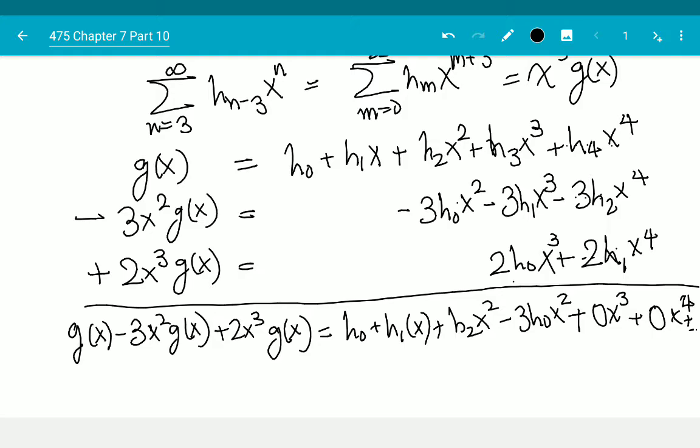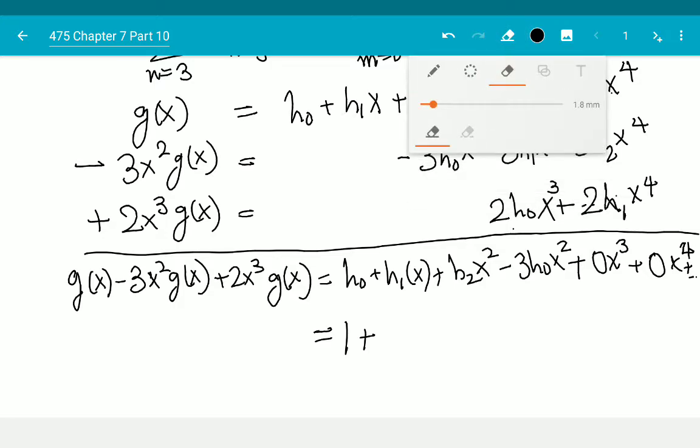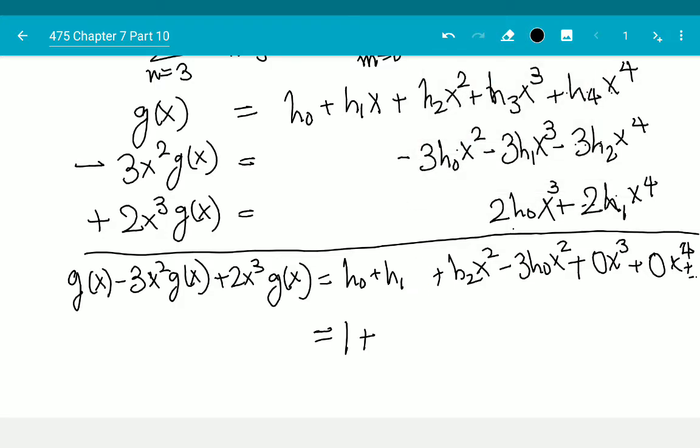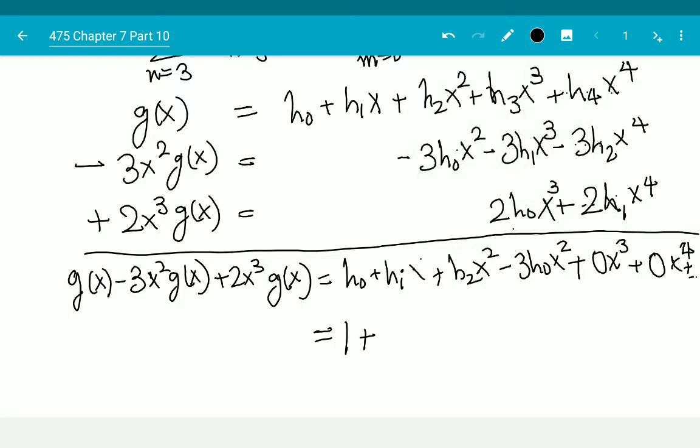And now I know the values of h0, h1, and h2. I was told that h0 is 1, h1 is 0, and h2 is 0. And I can plug those in. So h0 is 1, h1 is 0; sorry, this should not be brackets, this should be just h1 multiplied by x.